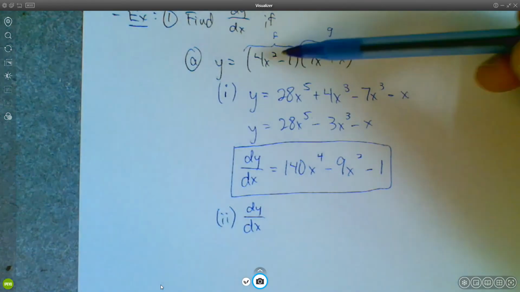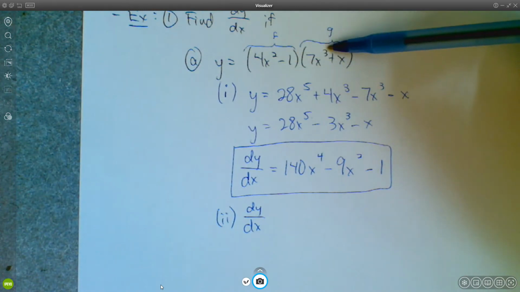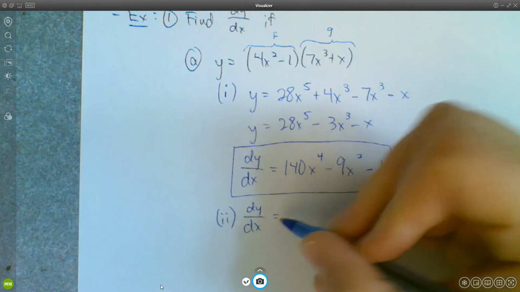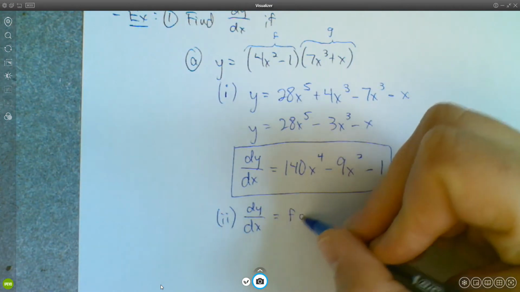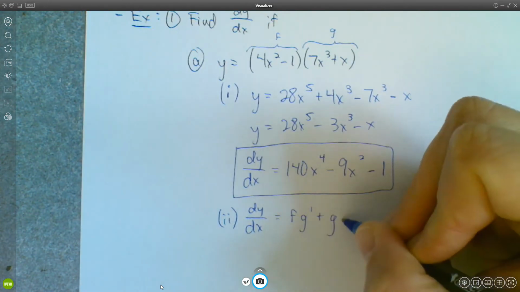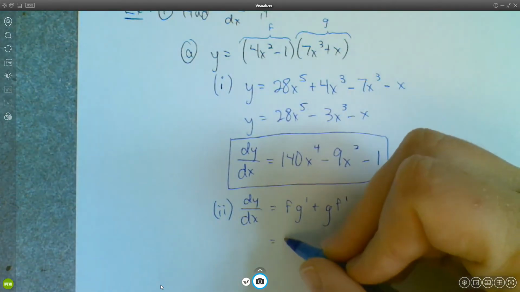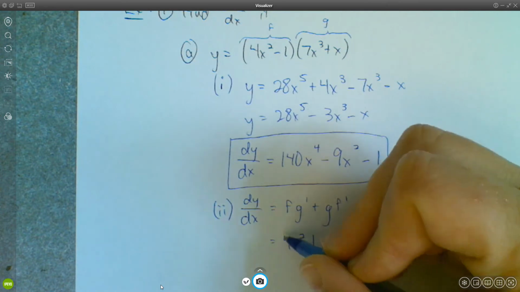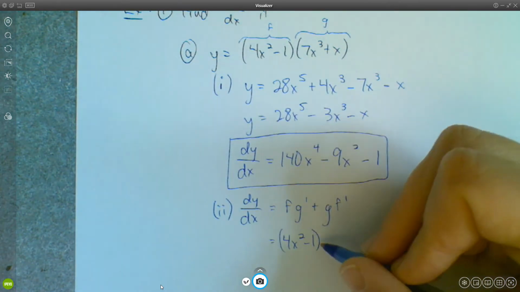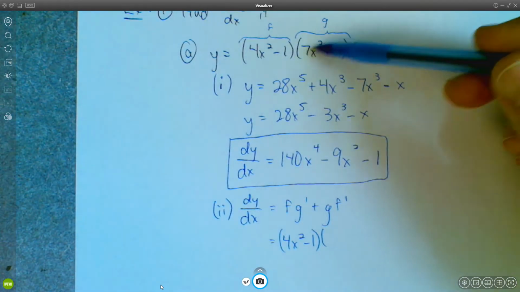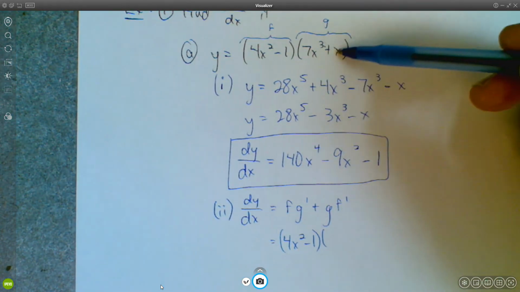And I want to do f times g prime plus g times f prime. So that's going to be 4x squared minus 1, there's f, times g prime. So g prime would be 21x squared plus 1, right?